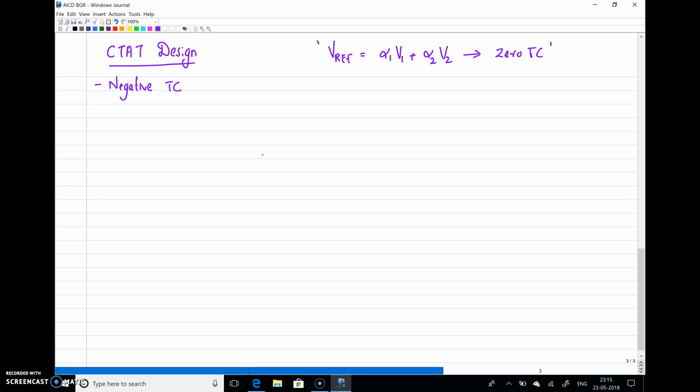So we'll start with the CTAT design. CTAT design is nothing but as temperature increases, voltage will be reducing.